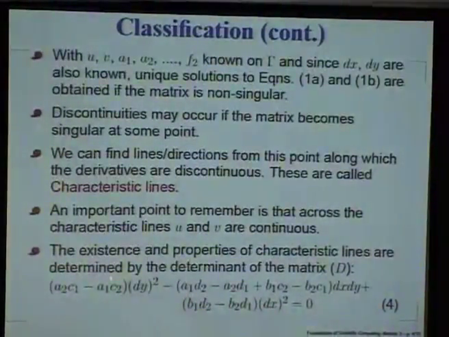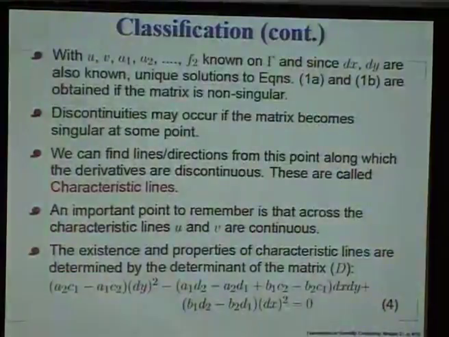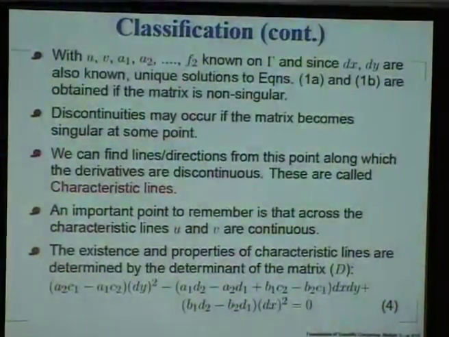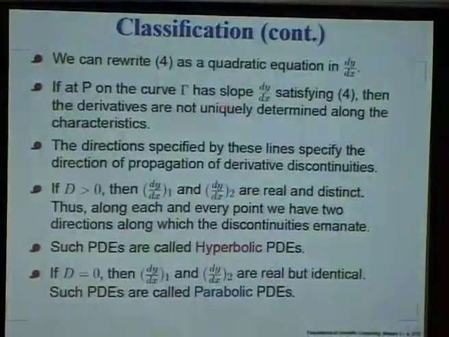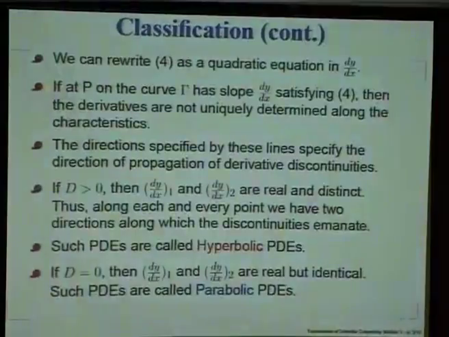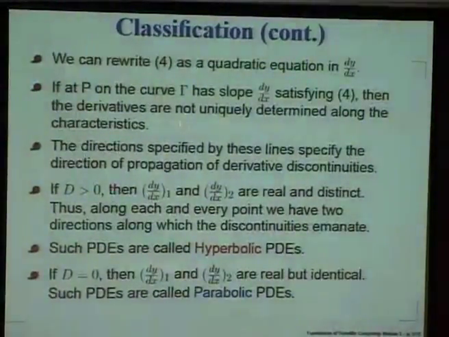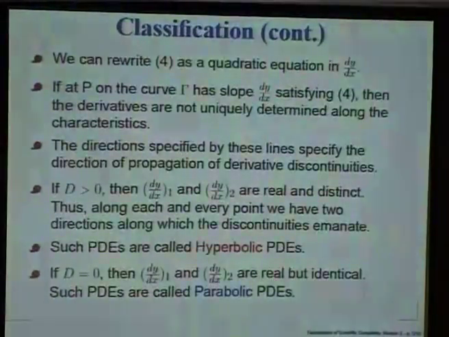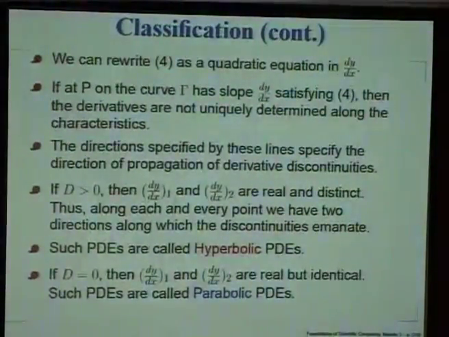As you can very clearly see, we could write this equation 4 as a quadratic in dy/dx. If you write it as a quadratic in dy/dx, then starting from the point P, you can work out this quantity dy/dx. It is quadratic, meaning you will have 2 of them.